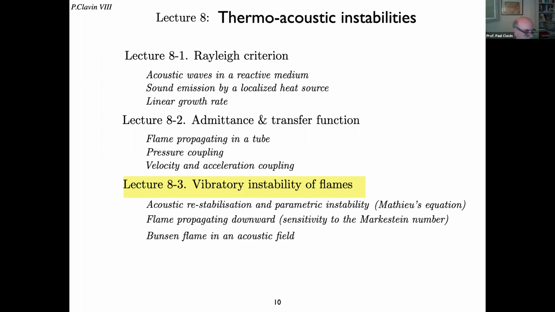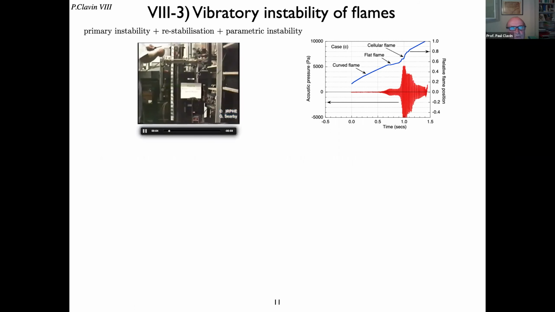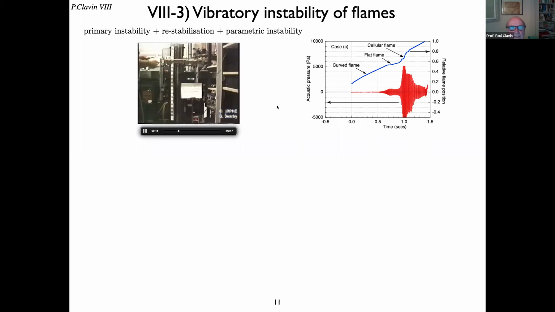So in order to understand that, let's go back to an experiment that I have already mentioned, which is called the vibratory instability of flame. Remember this experiment: when a flame propagates in a tube, depending on the composition, it may have very strong effects.